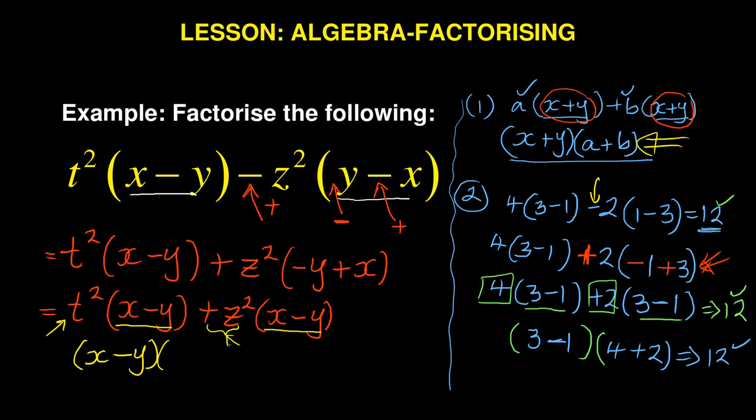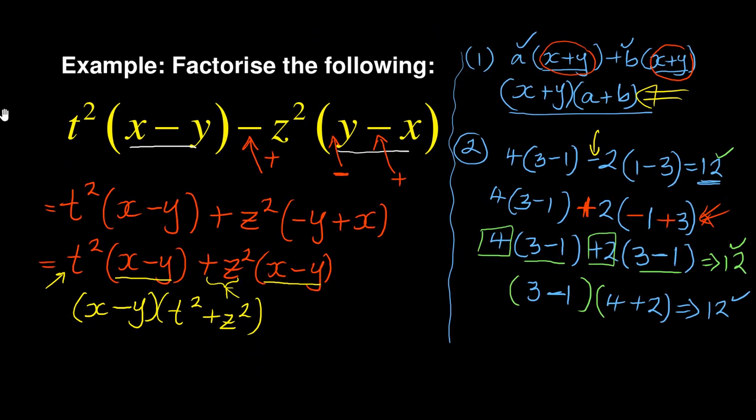Don't forget the sign. So it will be x minus y, and I've got t squared plus z squared. Therefore, this becomes the final answer: x minus y into t squared plus z squared.